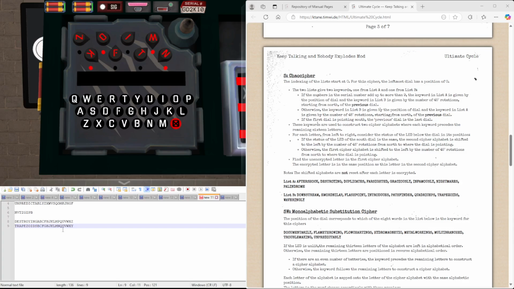If the south dial is the same, the second cipher alphabet is shifted to the left. Where's the first cipher alphabet?